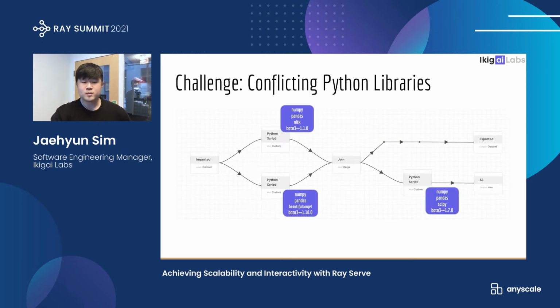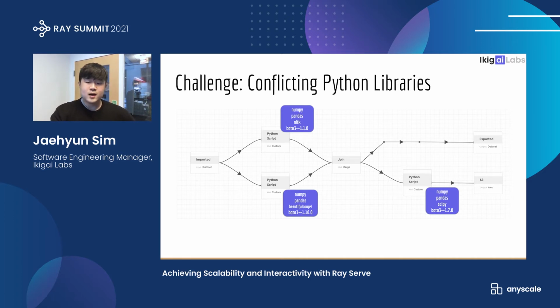So now we're going to talk about the challenges we faced. First challenge, conflicting Python libraries. Since we let users inject their own code into our pipeline, sometimes when different people in the same company collaborate in one pipeline, they can have different Python dependencies.